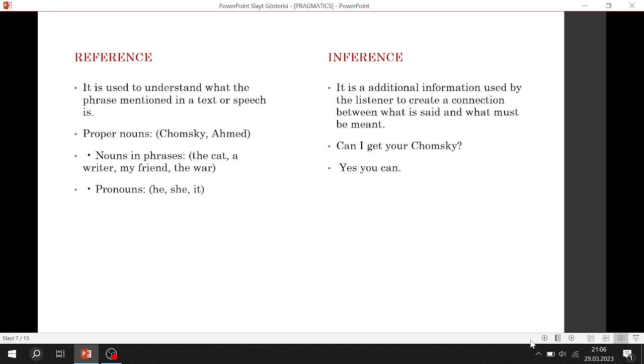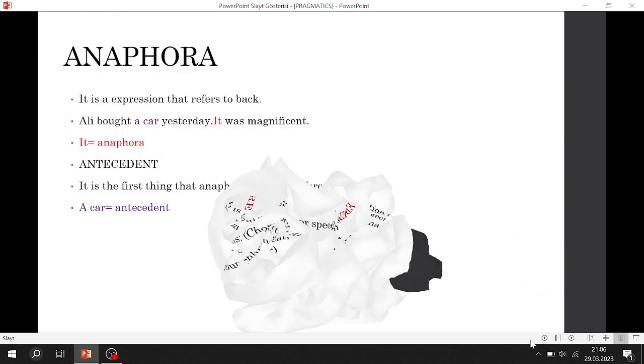For example, can I get your Chomsky? Yes, you can. What do we mean by this sentence? Chomsky is a scientist and he has died. Then what do we mean by Chomsky? Of course, it is inference. It is inferred to be a book, not a person. It's a book.